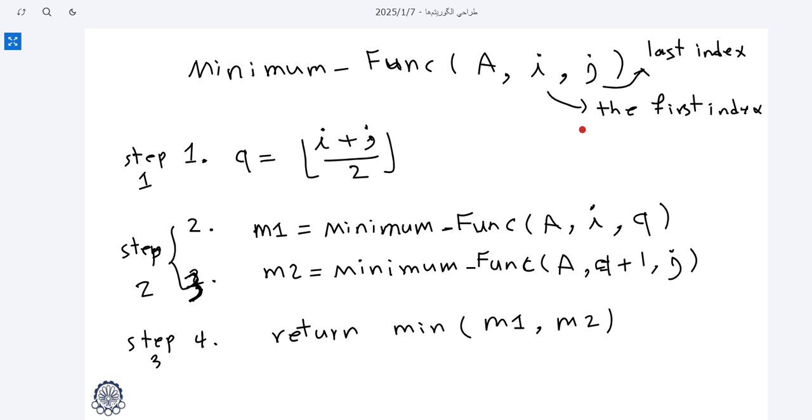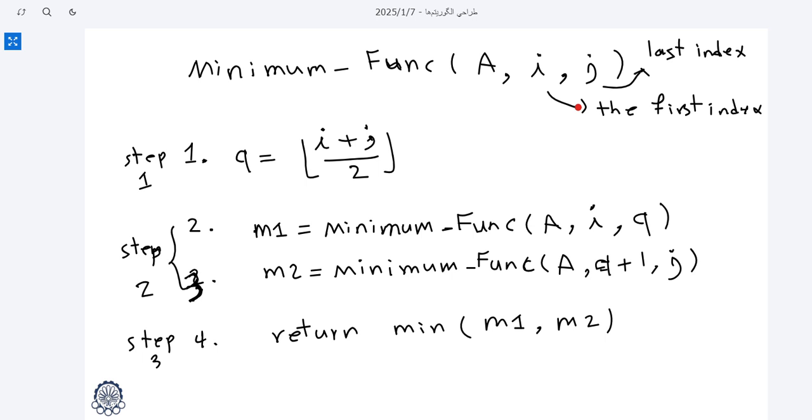If we go through these recursive calls, the subproblems become smaller and smaller until we reach a subproblem that has only one number.